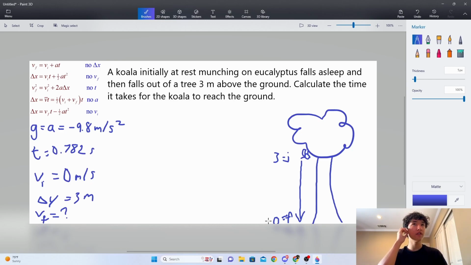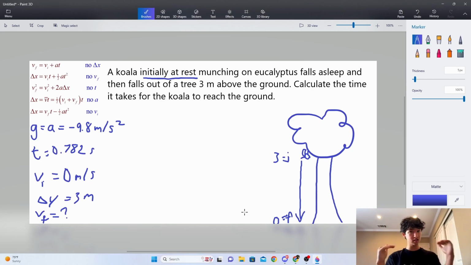So final velocity, whenever something is initially at rest like this, corresponds to right before it hits the ground, because an object is accelerating at 9.8 meters per second squared if it's just falling. Now, if you throw it, it's even more than that. So it's getting faster over time, which means the velocity is increasing.